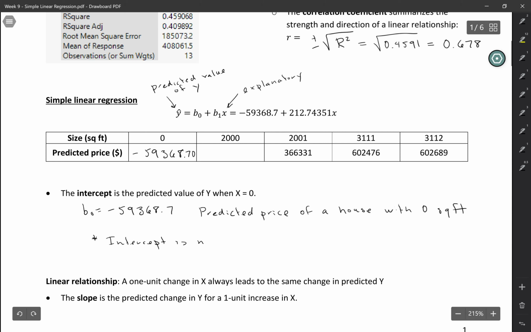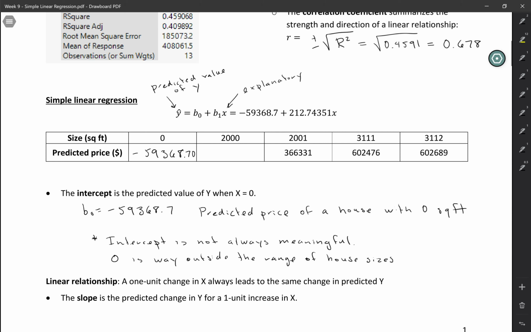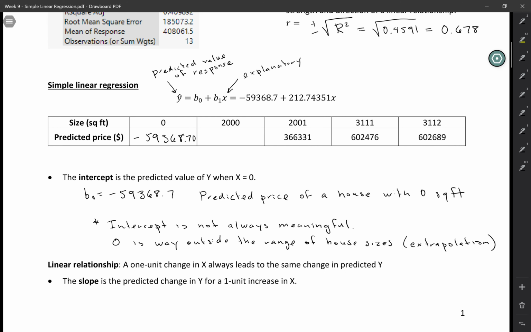And this is definitely one of those situations where it's not meaningful. And even if it were, 0 is way outside the range of the house sizes. That's called extrapolation. We want to be really careful extrapolating beyond the data. So the intercept is the predicted value of y when x equals 0.